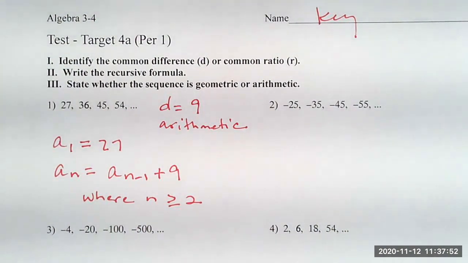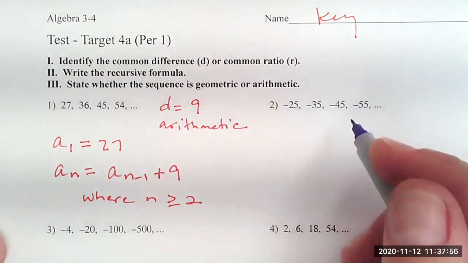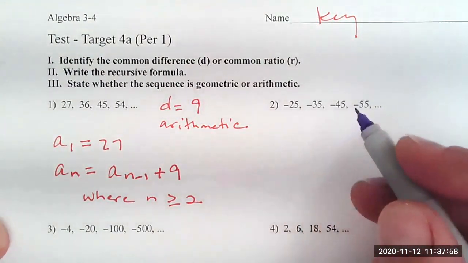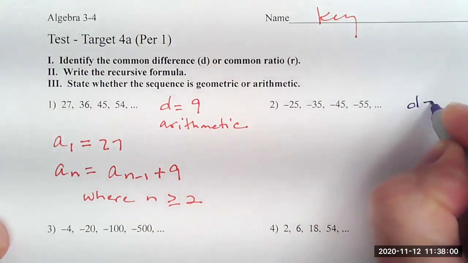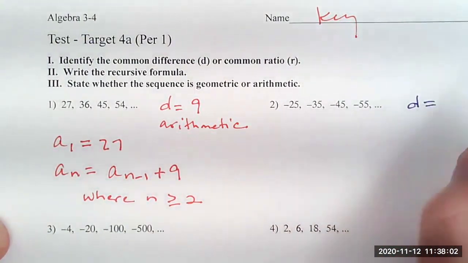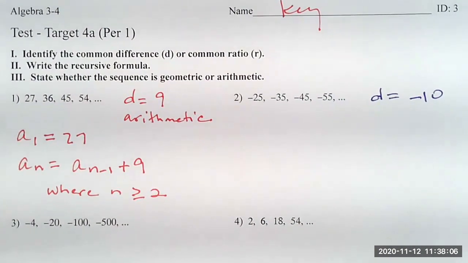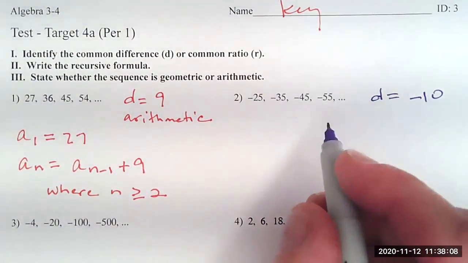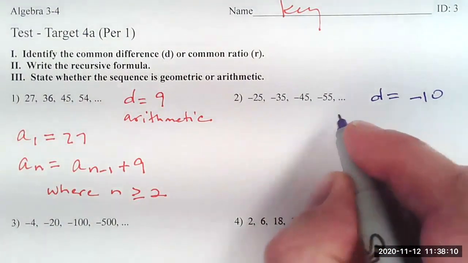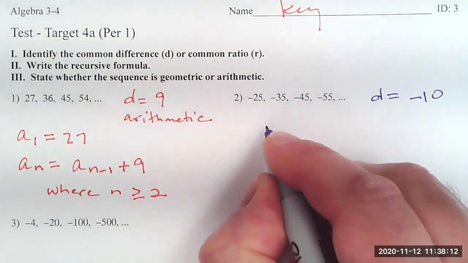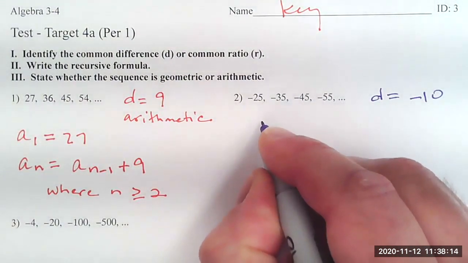The second one, it's obvious to me there's not a common ratio. There is a common difference. The difference here looks like it's a negative 10. So it too is arithmetic. And then the recursive formula, we write it the other way this time.